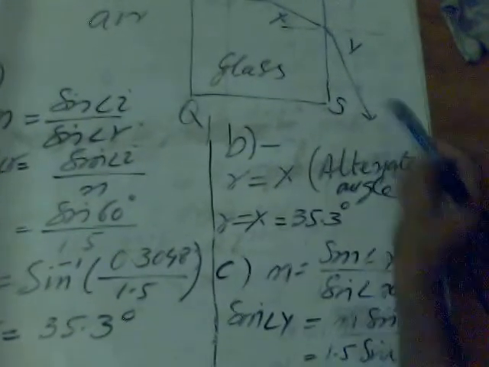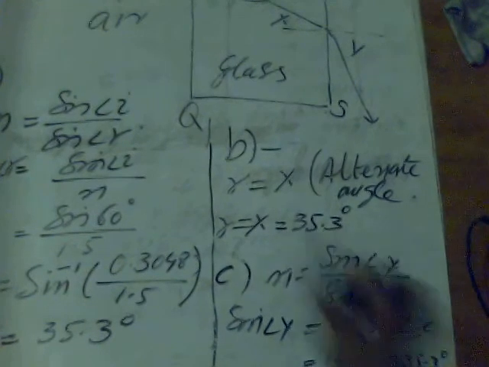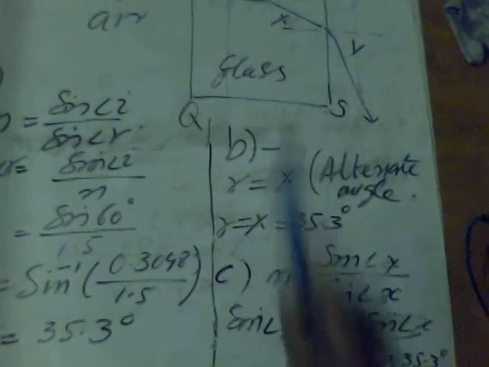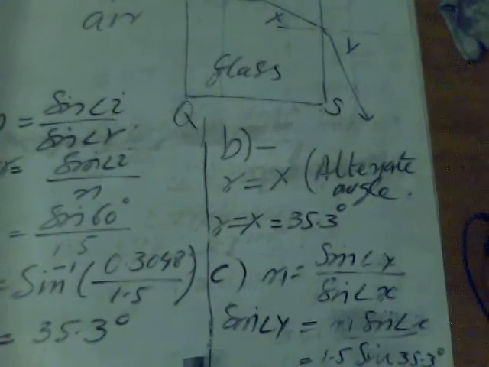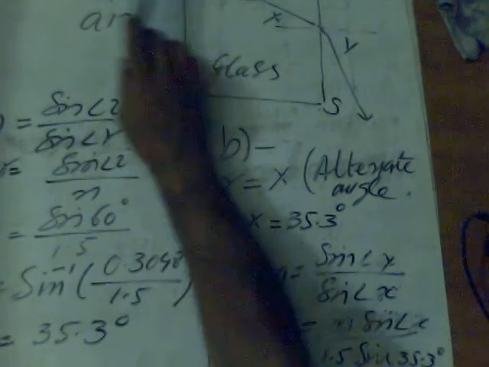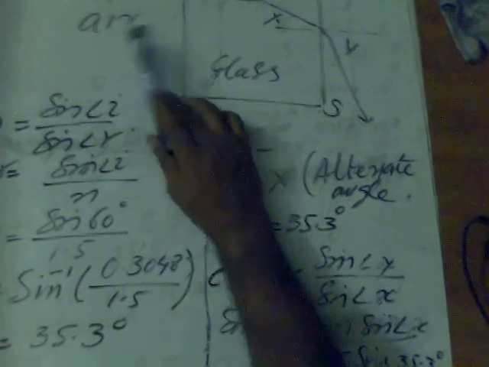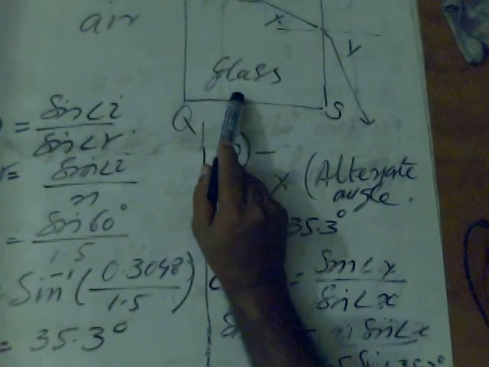Now we have to find the angle of refraction, that is y. This case and the previous case are a little different. In the previous case, light enters from a rare medium to a denser medium. Air is the rarer medium and glass is the denser medium.